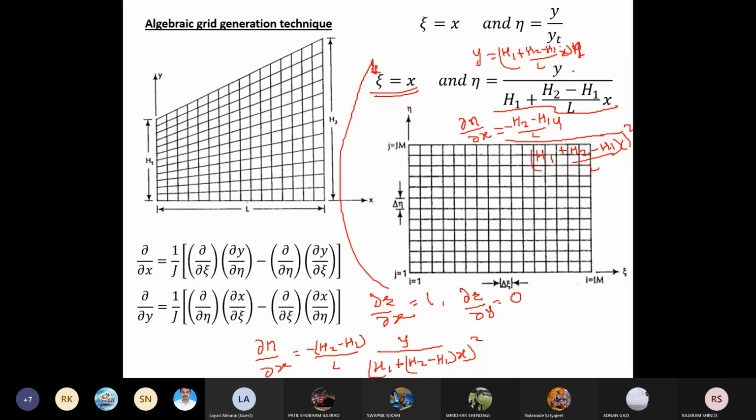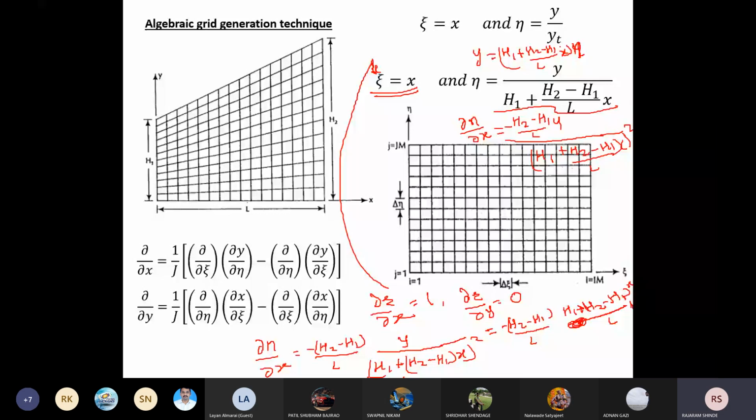So this equation becomes minus h2 minus h1 divided by L, and now I am going to replace this y by h1 plus h2 minus h1 into x divided by L, into eta.